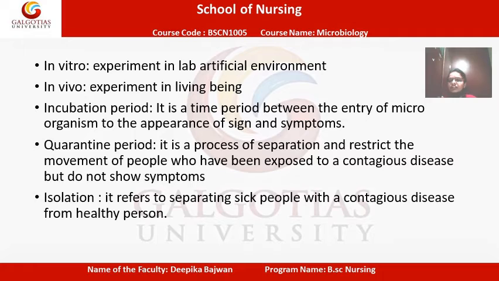We are not sure that the person is suffering from a communicable disease, but we know they were exposed, and it is not confirmed by diagnosis. So to prevent infection from that person to healthy persons, we separate them. That is known as quarantine.